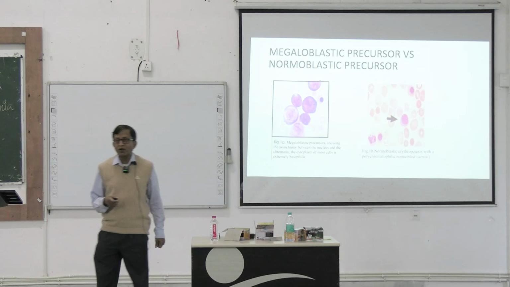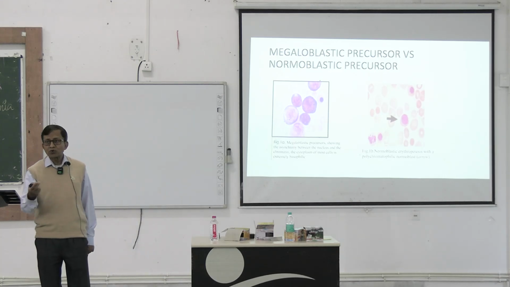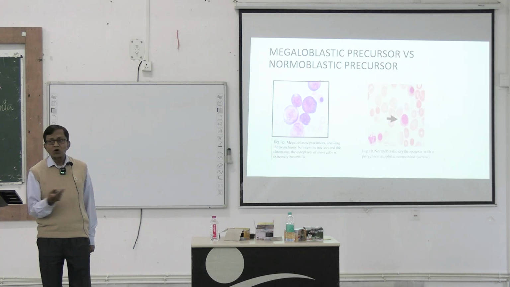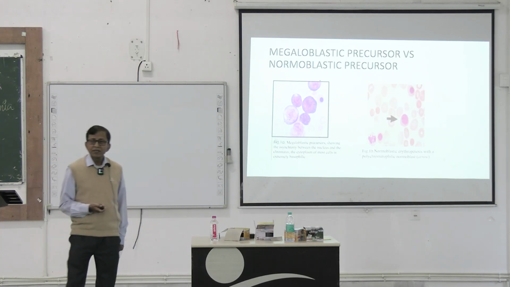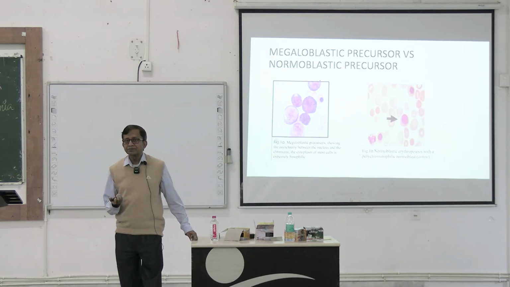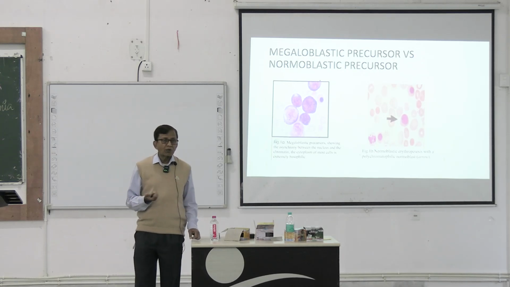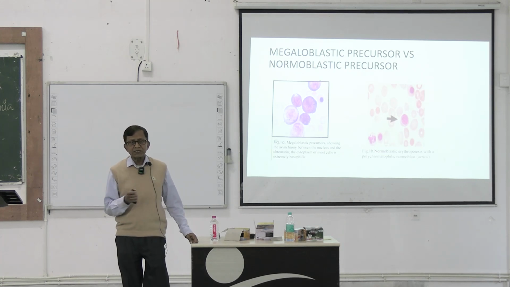So if you are asked in the examination, tell me two causes of anemia where there is an indication for bone marrow examination, what will you say? One is megaloblastic, another is aplastic anemia. Aplastic means the bone marrow is not proliferated, hypoproliferated, depressed.